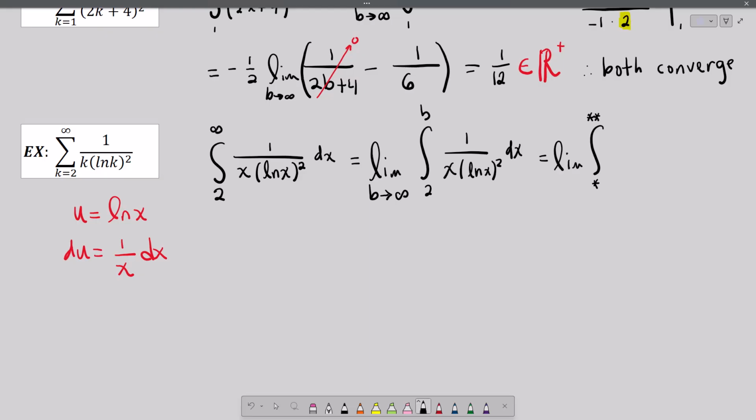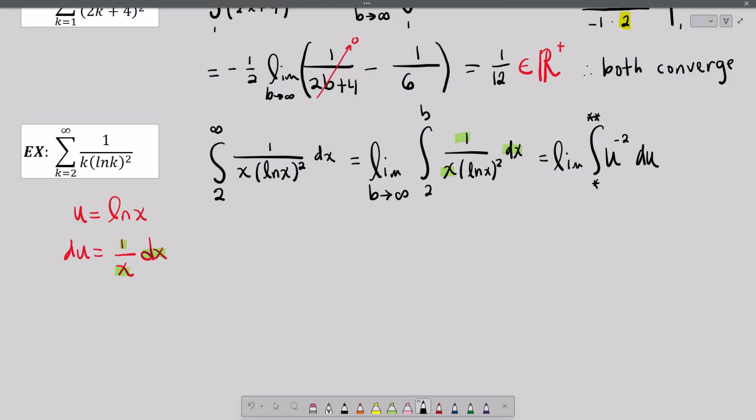All of that stuff combines to be du. So it's going to be 1 over u squared du, which I'll write as u to the negative 2 du. Does everybody see where all the pieces are coming from?